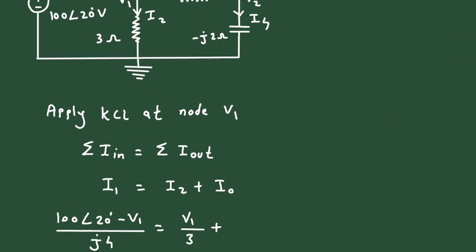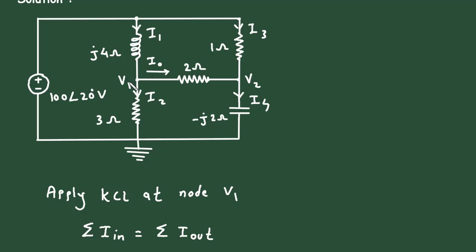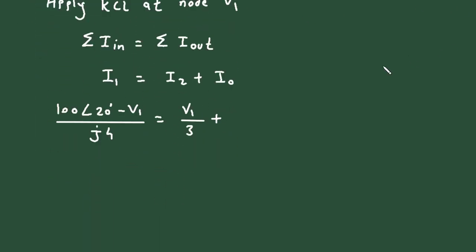Then plus Io. So it is V1 minus V2 divided by 2.